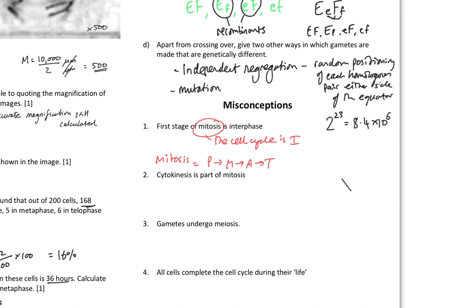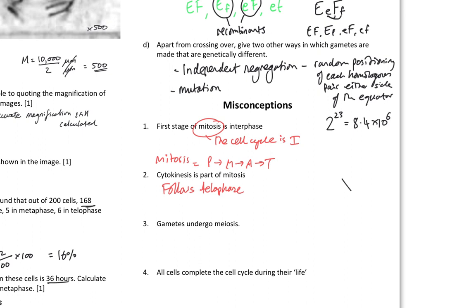Cytokinesis is part of mitosis. No, it's not. It follows telophase. It's not part of telophase, but it might start happening within telophase. But cytokinesis is the splitting of the cell, the dividing of the cytoplasm.